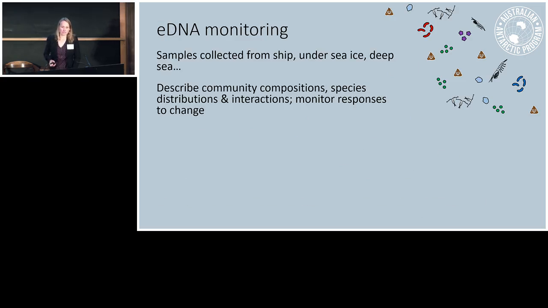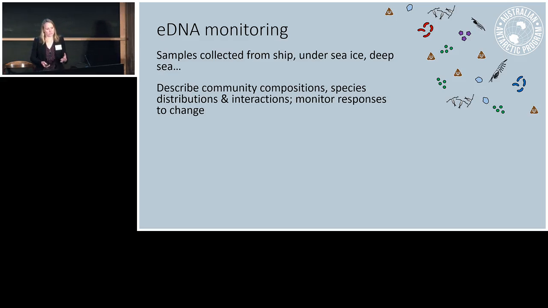We can access that information by taking a small water sample from the environment, and that can be done, for example, directly from a ship, or anywhere we really can get to, from under sea ice or even from the deep sea. And this information can then be used to describe communities, community composition, species distribution, how species interact with each other.